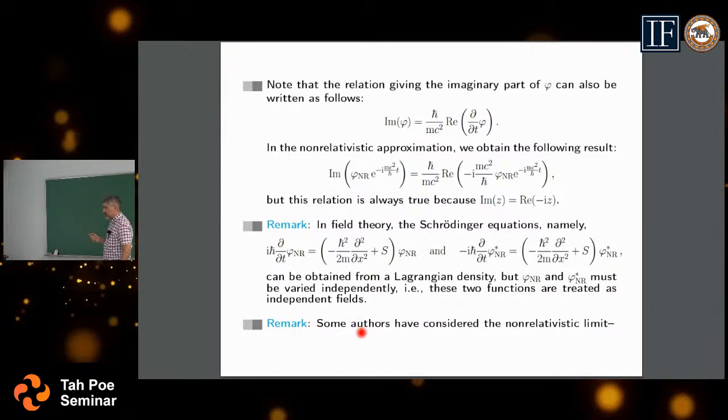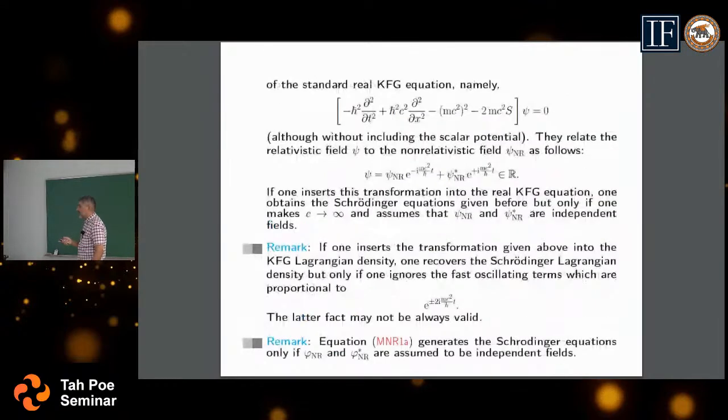Just a remark here. Some authors have considered the non-relativistic limit of the standard real Klein-Fock-Gordon equation. This is the Klein-Fock-Gordon equation you see in books. This C, not phi, C here. In the last 4 years, some physicists have proposed this kind of ansatz, and not the normal ansatz, to get the non-relativistic limit of the scalar field, the Klein-Fock-Gordon field in the case C is real.